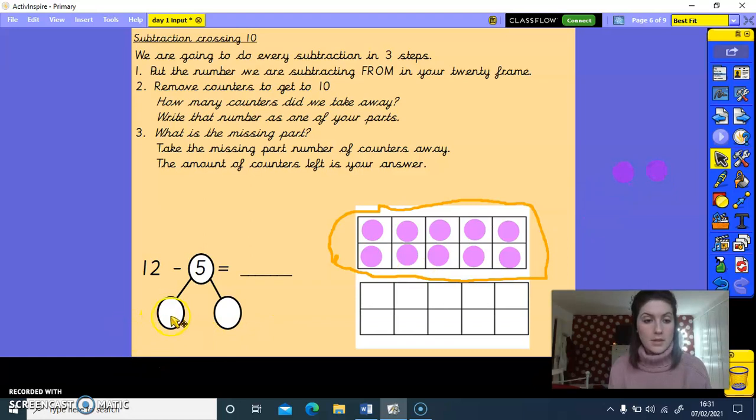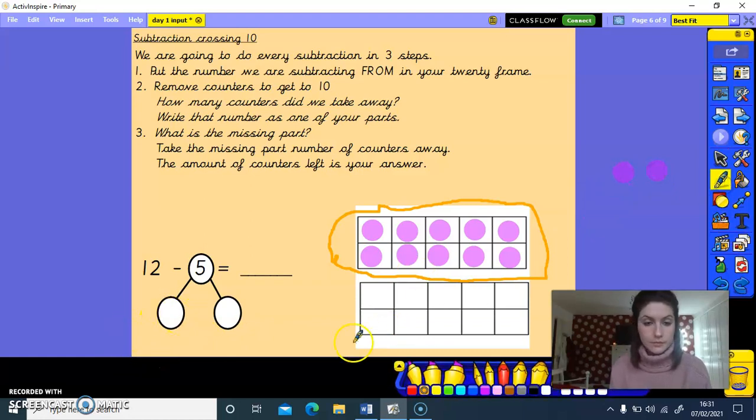So one of the parts is 2. And I'm going to cross that out in blue, but you would take those out of your frame. One of the parts is 2. So I've done that. I've taken away my counters to get back to 10, and I've written that number as one of my parts.